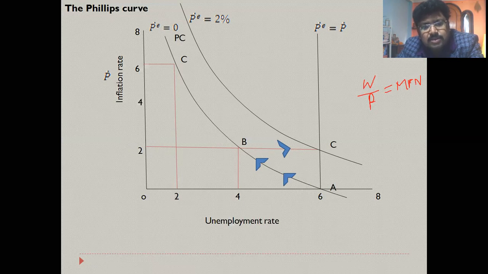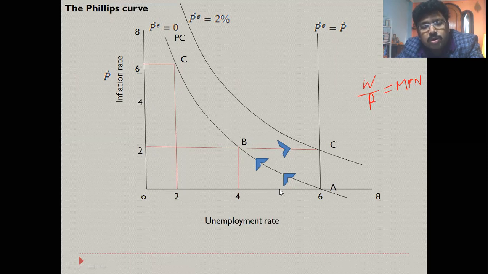The classical economists said that they do not have imperfect information, they have proper information. But practically you can find there is imperfect information. They are expecting that the inflation rate is 0%, but in the practical sense the inflation is 2%.